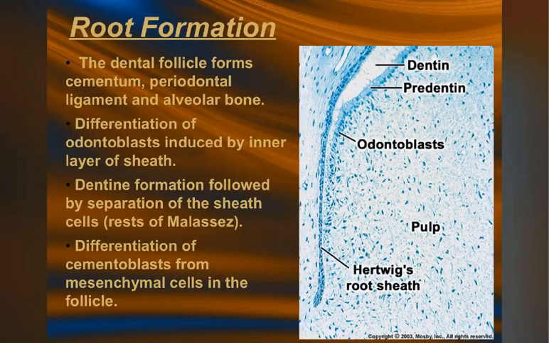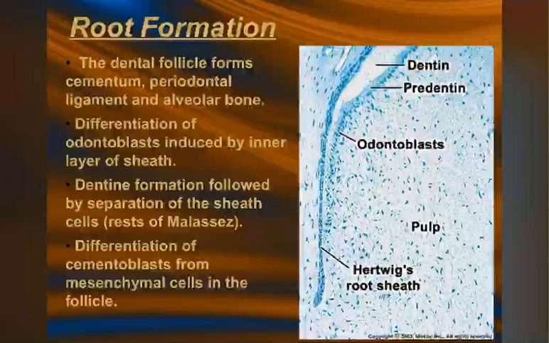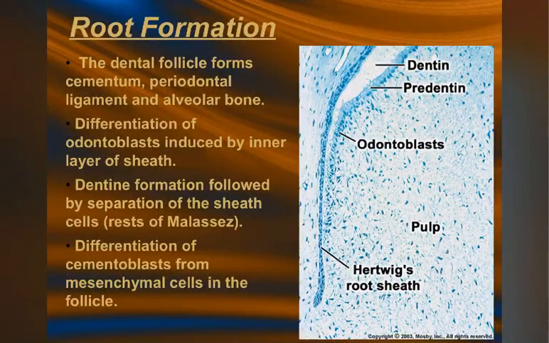And again, these cells are dormant cells, and they stay dormant in most people throughout life, but sometimes they get activated and form cysts, and these cysts appear to the side of the root, and they are called lateral periodontal cysts. These cysts should be surgically removed when they are discovered.